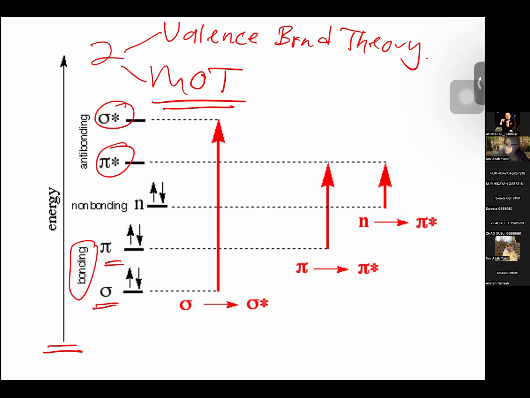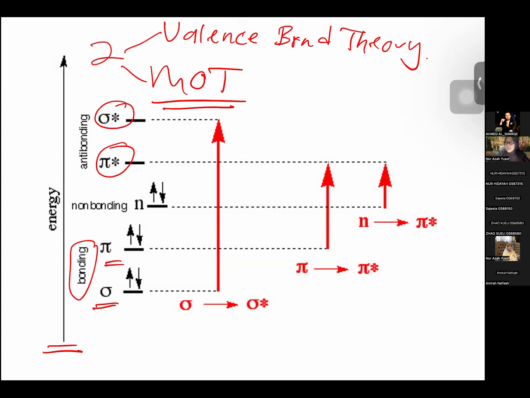Saturated compound means a compound that does not have a double bond or triple bond. This is not common because it requires very high energy. So this is the most common, and usually that's why we have unsaturated functional groups.